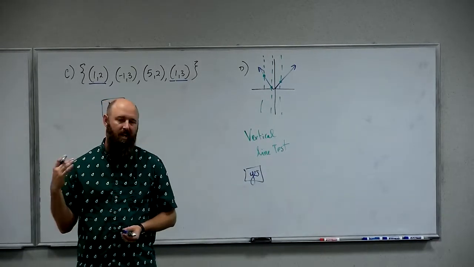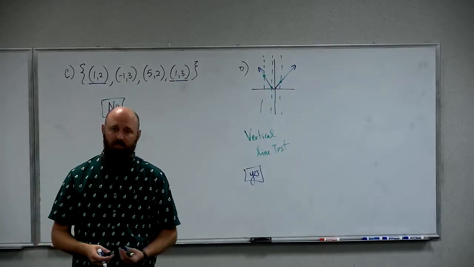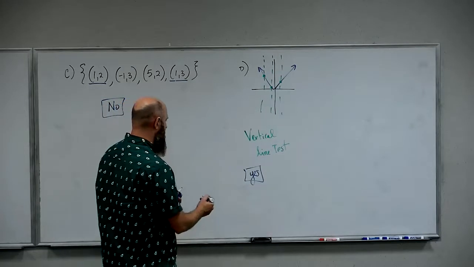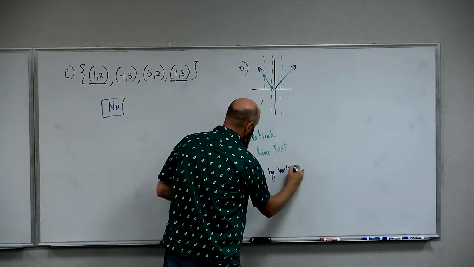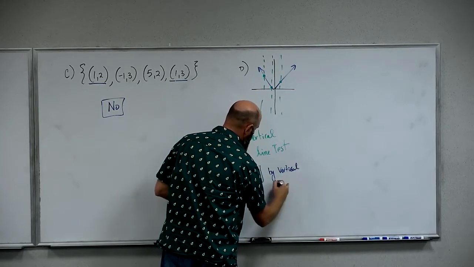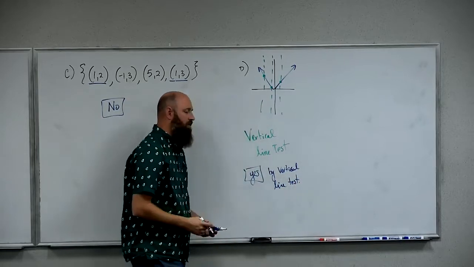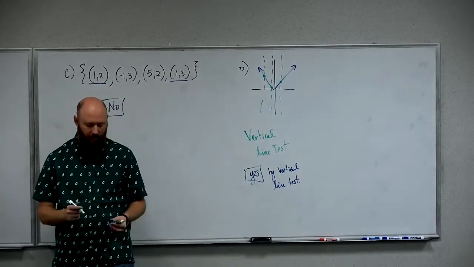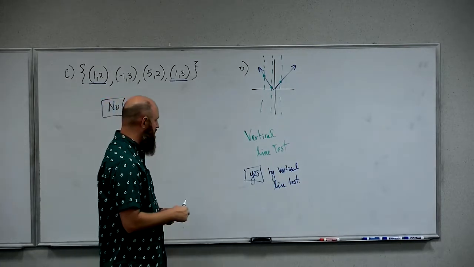Now, the other ones you're not going to have on a test, but if you had this graph on a test, you would say yes. And then the reason for this would be by vertical line test. Okay, or passes the vertical line test would be how you could phrase that.